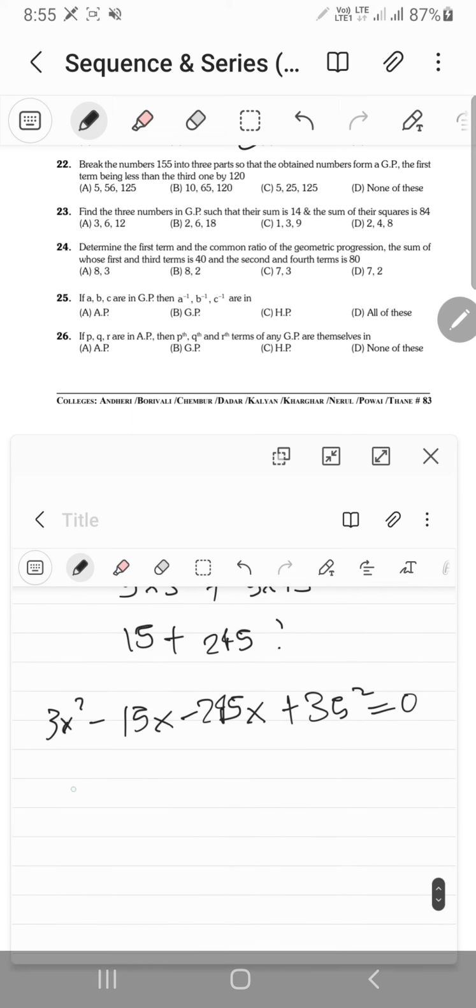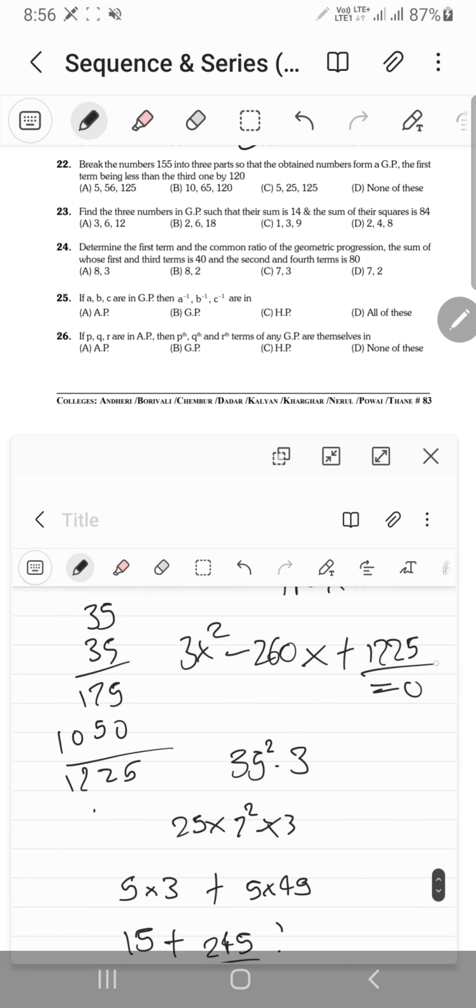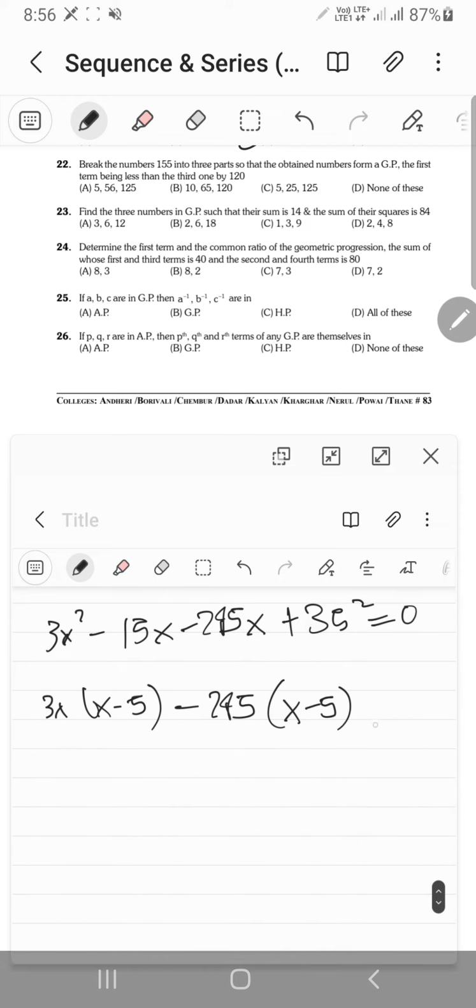And this would be 3x into x minus 5 minus 245 into x minus 5. This times 5 gives this number. Yes, it does. Okay, equal to 0. So either x is 5 or x is 245 upon 3, which is not possible.